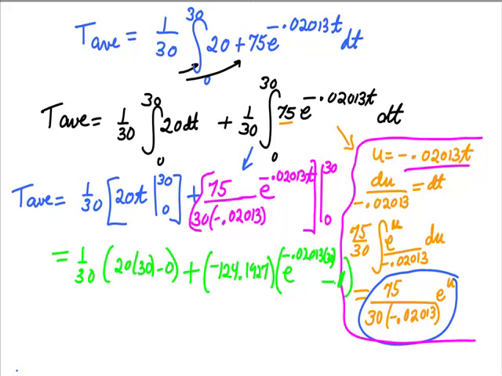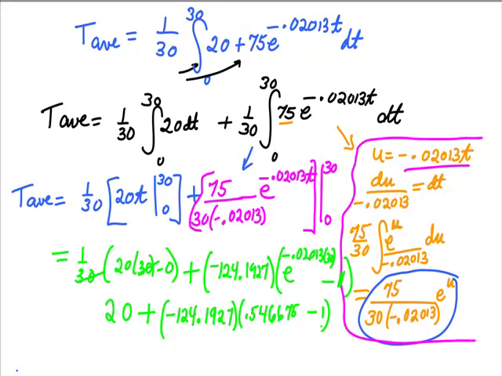And this, of course, worked out nicely. We have 20 plus negative 124.1927 times 0.46675 minus 1.